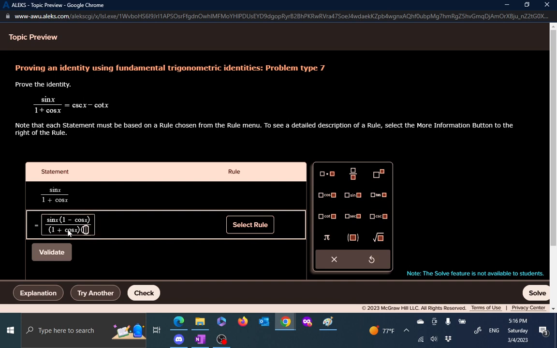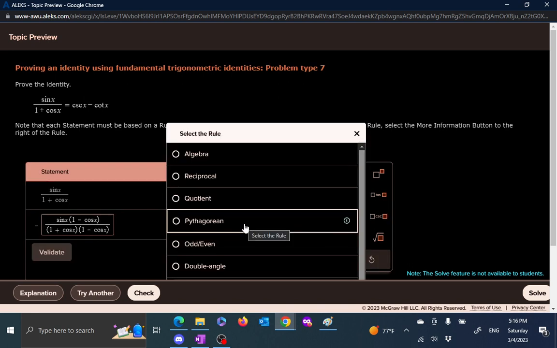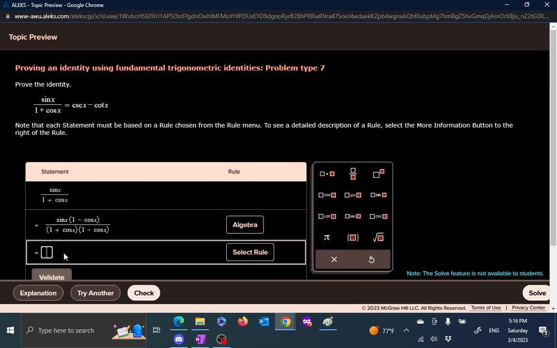I have to multiply my numerator and denominator by the same thing. So I multiply also by 1 minus cosine. So this factor is multiplied in the numerator and denominator of this thing. I have as yet not done any trigonometry. I've just done algebra. So I say I did algebra.